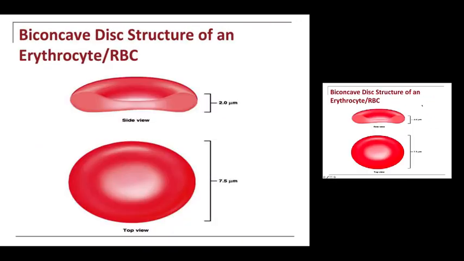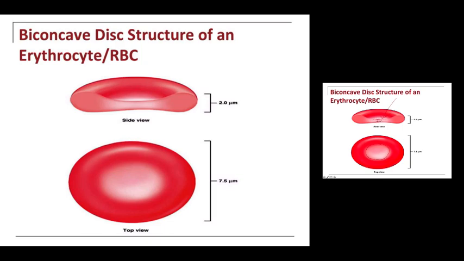So here is the RBC. You can see that the center of the RBC is a little bit lighter, right? Look at this section here. It's a little bit lighter. We call that hypochromic. Chromic for color, hypo less. The reason being is light is going to pass through the microscope, so you could see the thinner part, which is here.